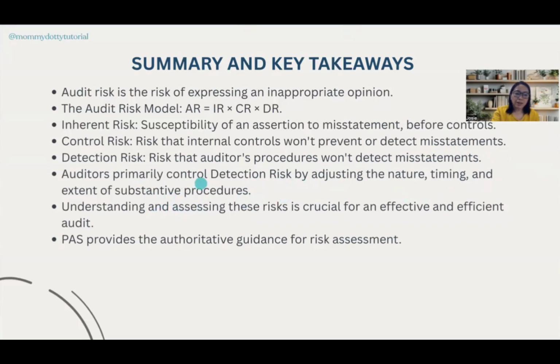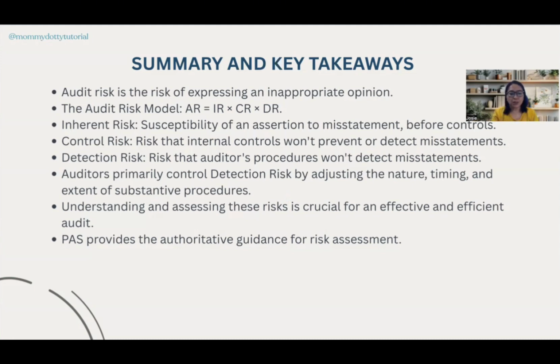So kapag ang detection risk, para mapababa mo siya, sabihin yung danger or yung risk na hindi ma-detect ni auditor or hindi makita ni auditor yung mga fraud, errors, kailangan mag-sample. So, kailangan mag-check. So, let's say your inherent risk and control risk, the assessment for inherent risk and control risk masyadong mataas.